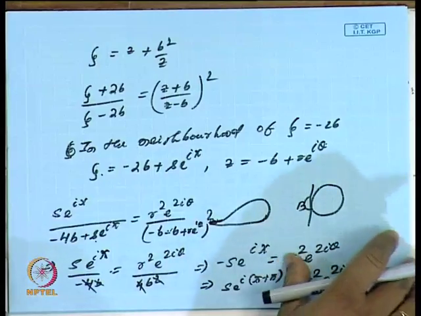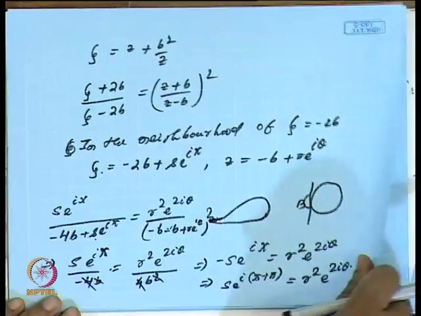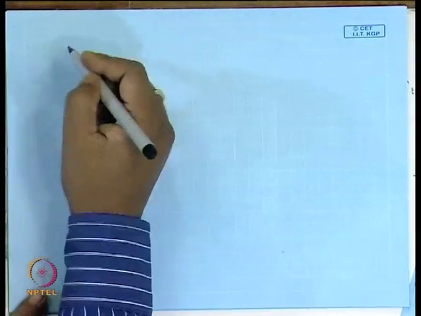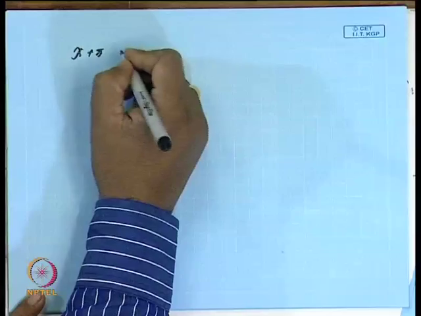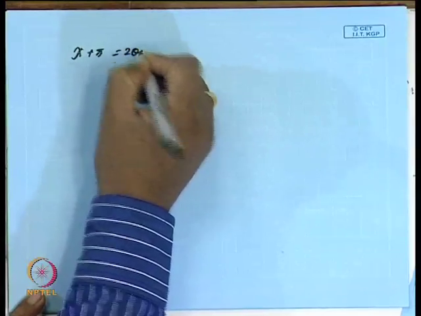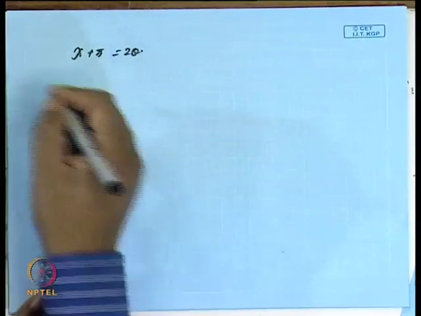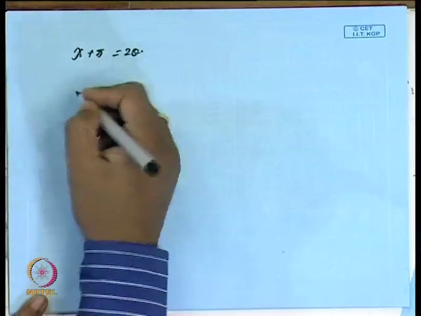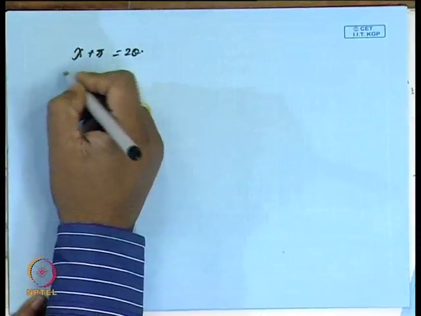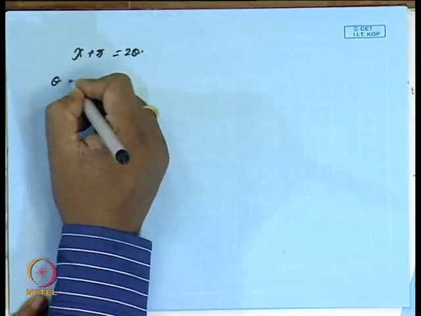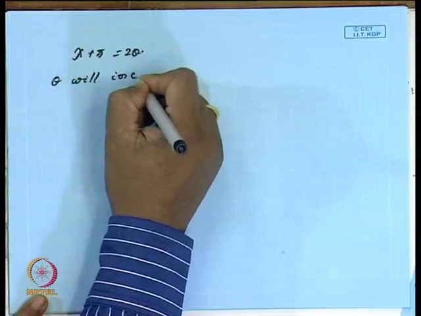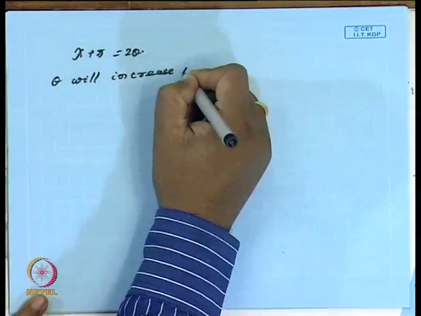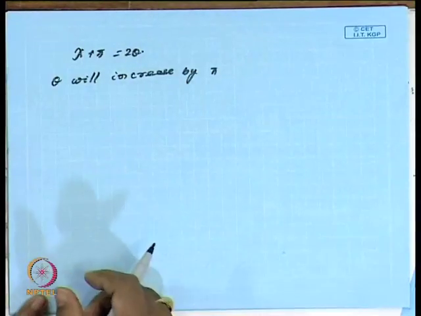So what it will show me is that chi plus pi is 2 theta, and that shows if I move around the point B, if theta increases by pi, then what will happen?